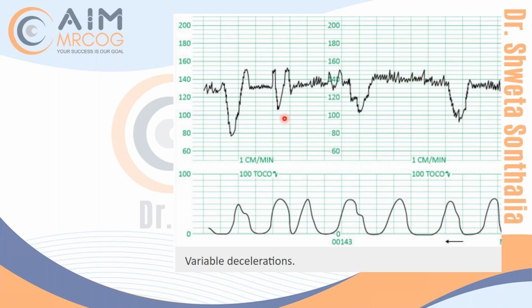And then the variability is normal because it is between 5 and 25, moving up and down. Very good. There are decelerations that seem like a V shape, and this seems like variable decelerations. And there is no shoulder. Initially there seemed to be a shouldering sign.